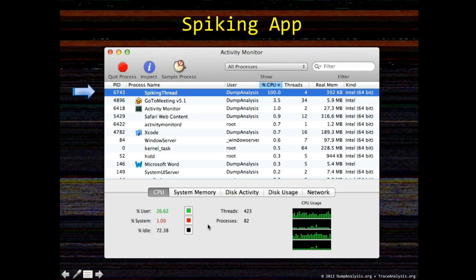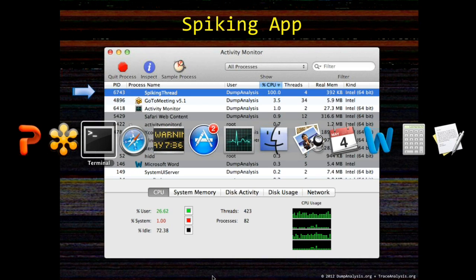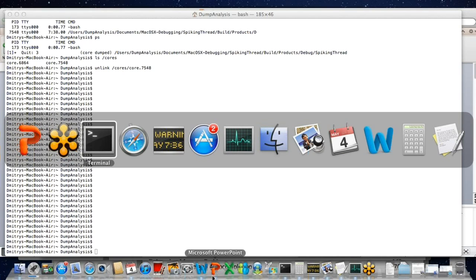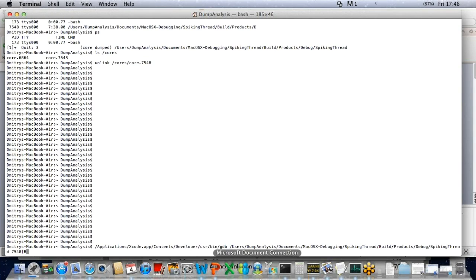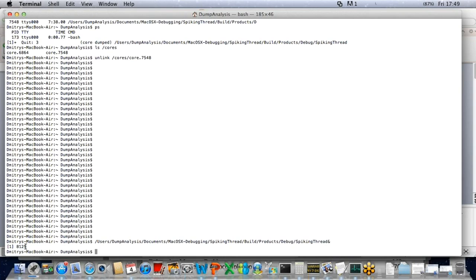So let's launch such an application. I launch it, and to make it background, I append an ampersand. You see the process ID is 8125.